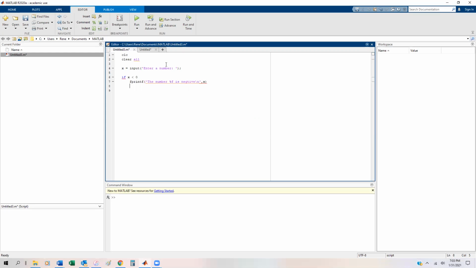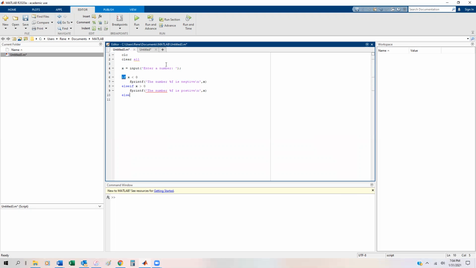Now, let's say an else if. So else if x is greater than 0. We're going to fprintf, and we're going to say the number is positive. And we'll say %f is positive. \n. All right, and we'll comment x just so we call that number.